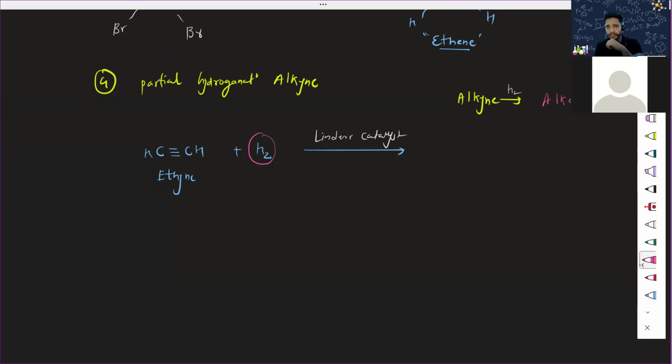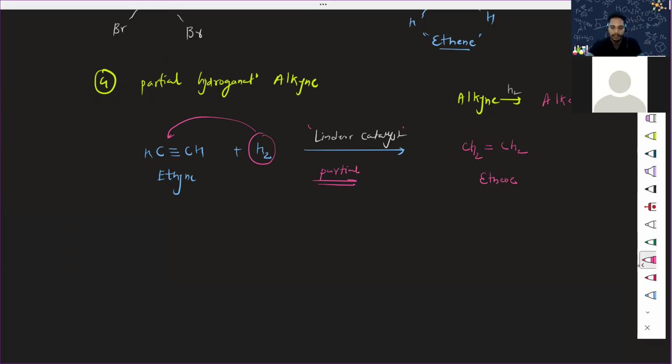It needs a surface, so it can attack on this, and the triple bond will get addition of hydrogen. We have control. This is what partial is. So that's why we need this Lindlar catalyst. Two hydrogens will be added, so it becomes CH2 double bond CH2. What's the name of this? Ethene. This point is very much clear now. Easy.